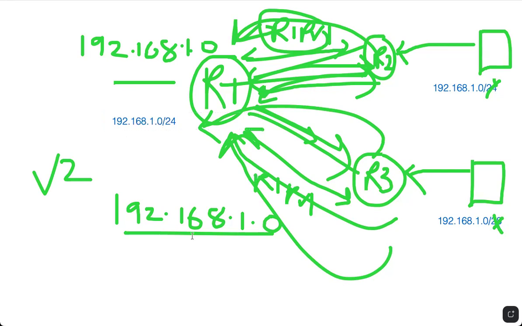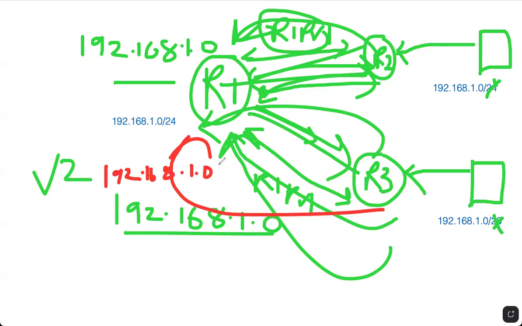And when this one is sending the information, it will send 192.168.1.0/28. Now, which one will R1 choose? /28, the second path, through R3.